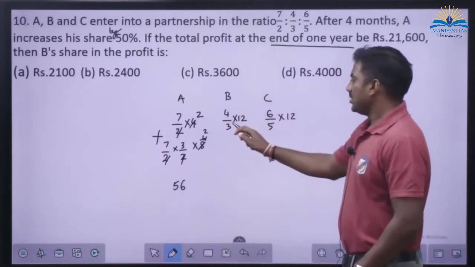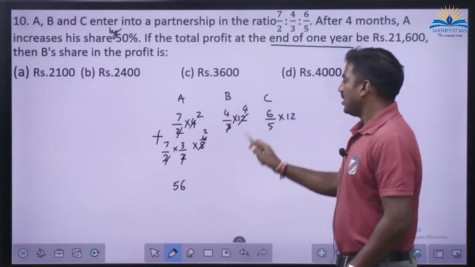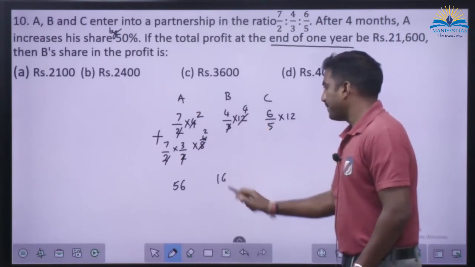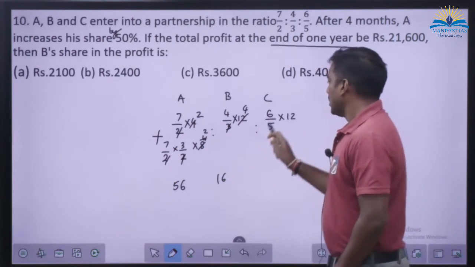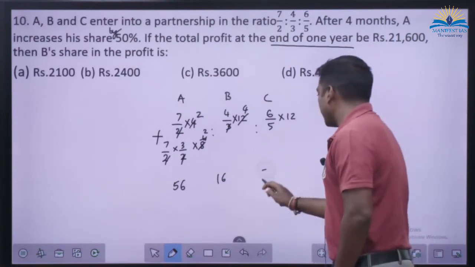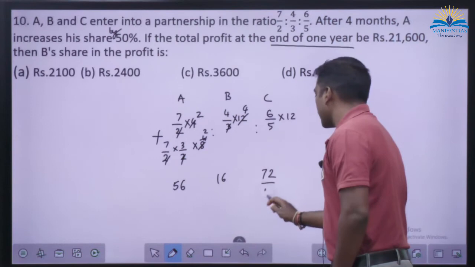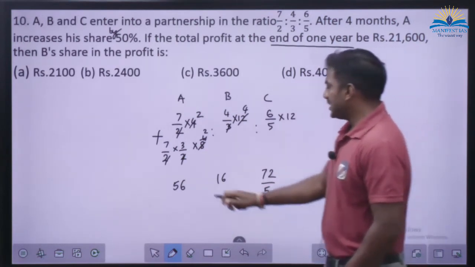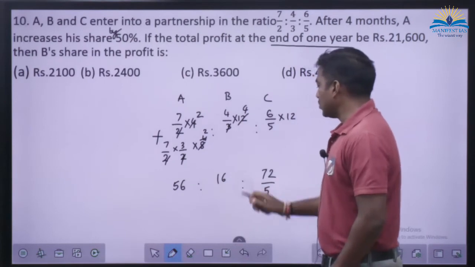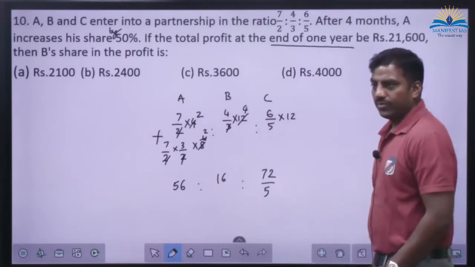What about this? 3 ones are, 3 fours are, this is 16. Correct? And here 72 by 5. 56 is to 16 is to 72 by 5.